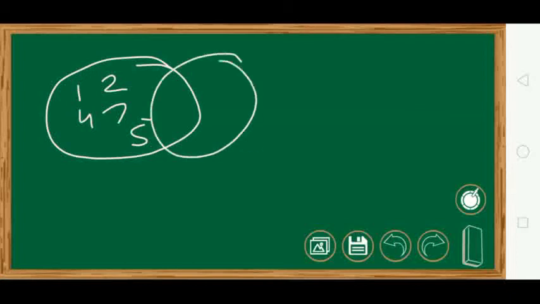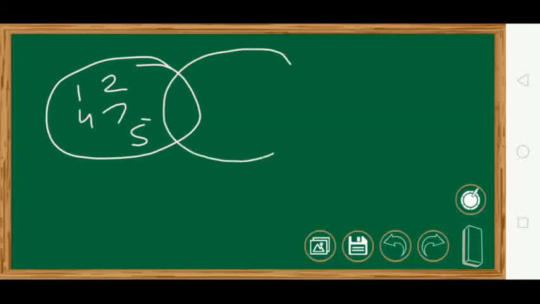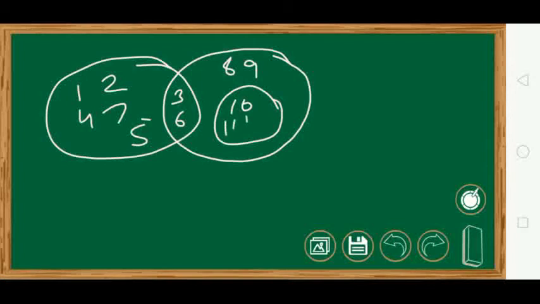Then we have {3 and 6, 8, 9}, and again we have one more, that is {10, 11, 12}, and this is C. This is A and this is B.